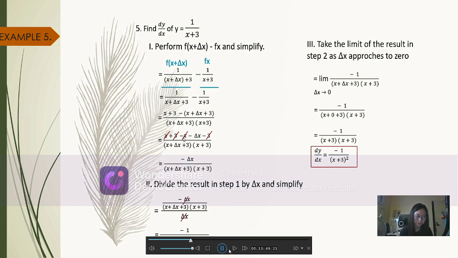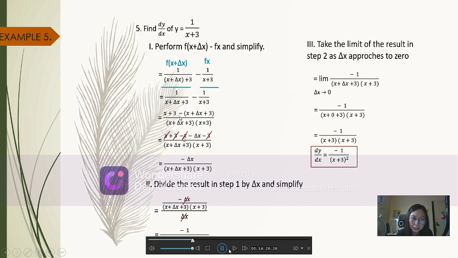So, sa pagsisimplify, dahil fraction nito, kunin lang daw natin yung LCD. So, the LCD is, ito nga, x plus 3 times x plus delta x plus 3. So, ita-times lang natin yung x plus 3 minus x plus delta x plus 3. Minus lang natin siya. Then, ang matitira dito is ito, x plus 3.